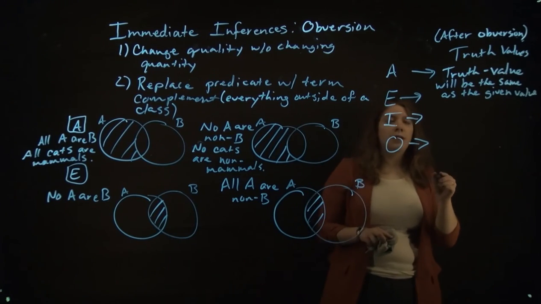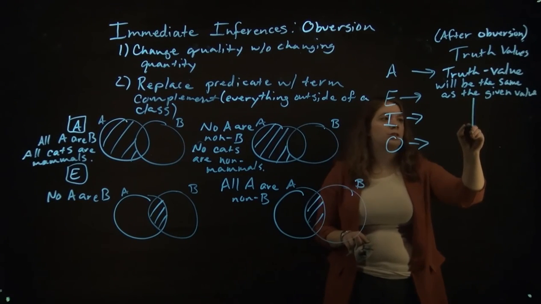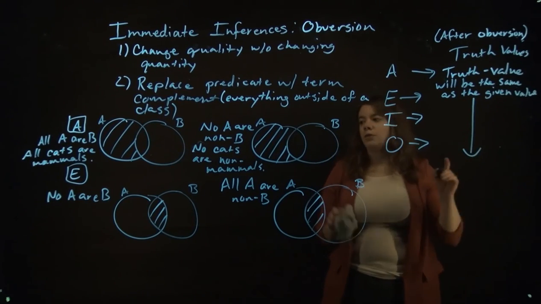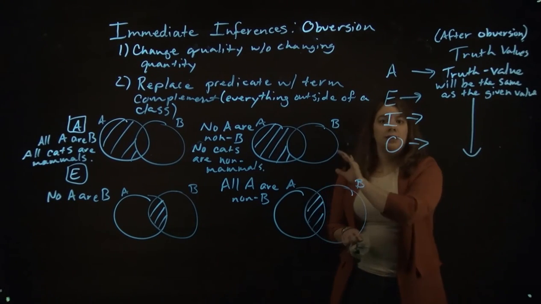And really what we're going to find here, just to make this quick, is that when it comes to all four kinds of propositions, it's going to be the same idea. When you obvert that proposition, it's going to have the same exact truth value that it had initially.